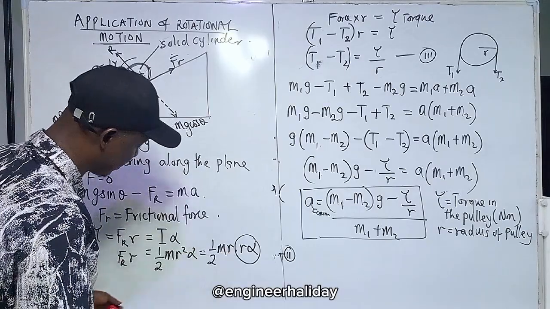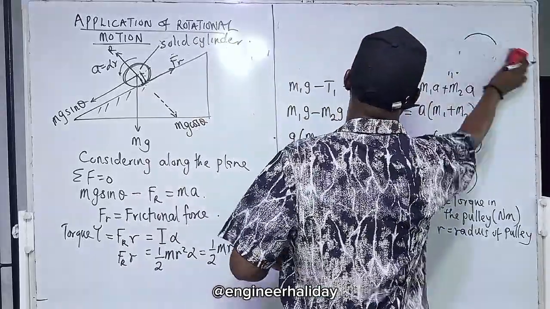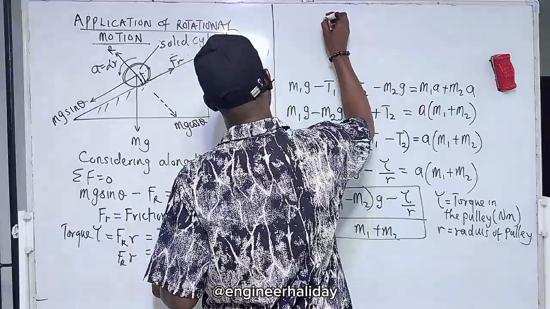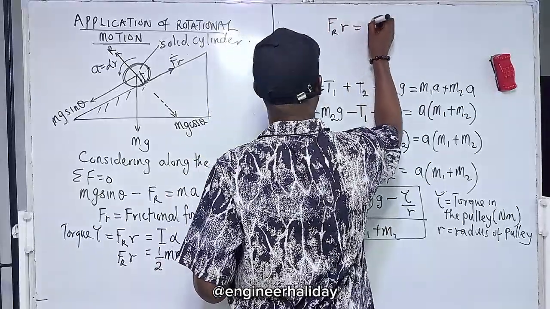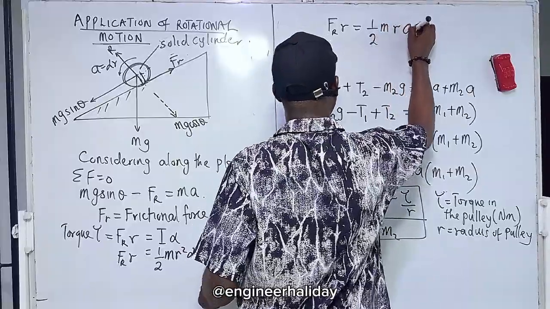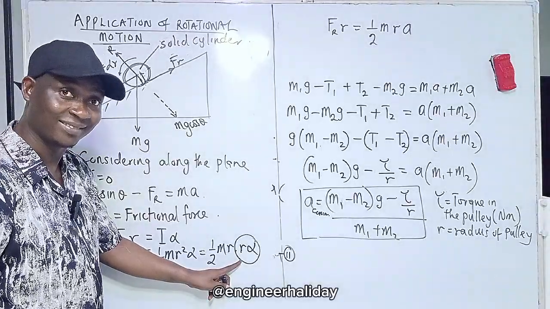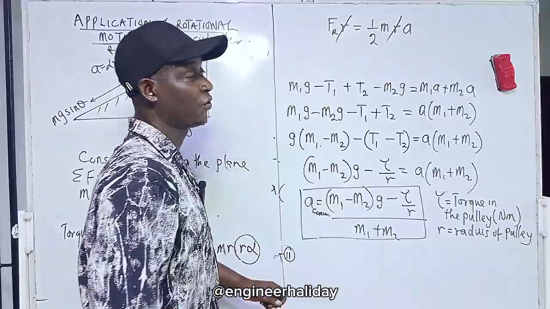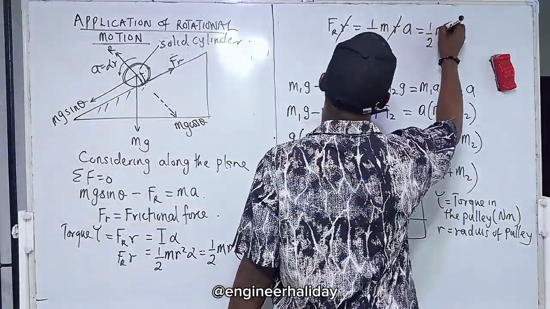So I can replace this with a and turn it into something like this: Fr times r equals 1 over 2 m r a. So this one can now cancel this, which means Fr equals half m a.